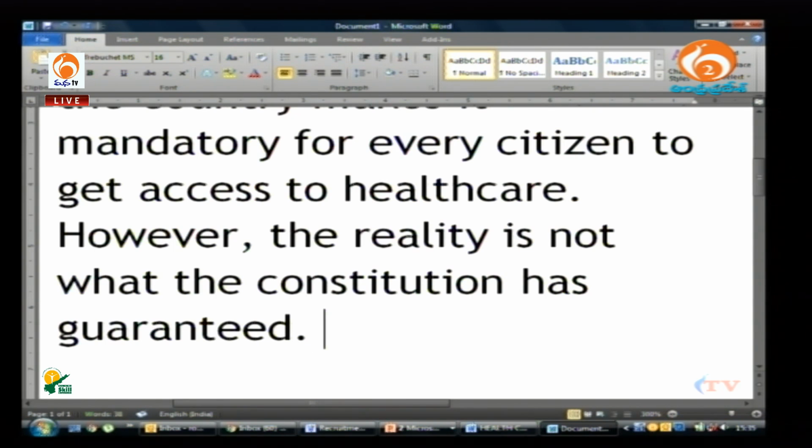So, now I am saying, however, the reality is not what the constitution has guaranteed.